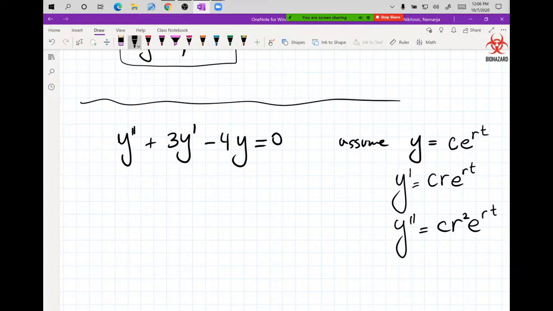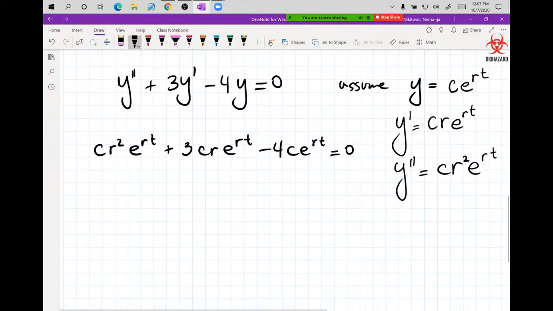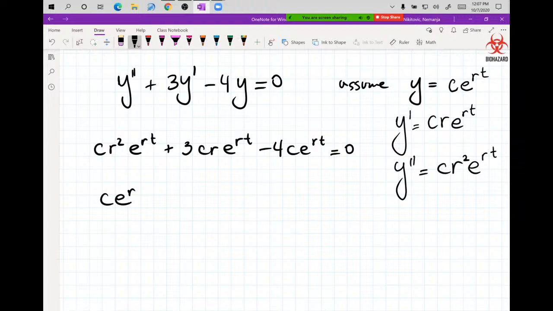When you plug all of those in, instead of y double prime you get c r squared e to the rt plus 3c r e to the rt minus 4c e to the rt equals 0. What can you factor? You can factor c e to the rt, and what's left in parentheses? r squared plus 3r minus 4 equals 0.